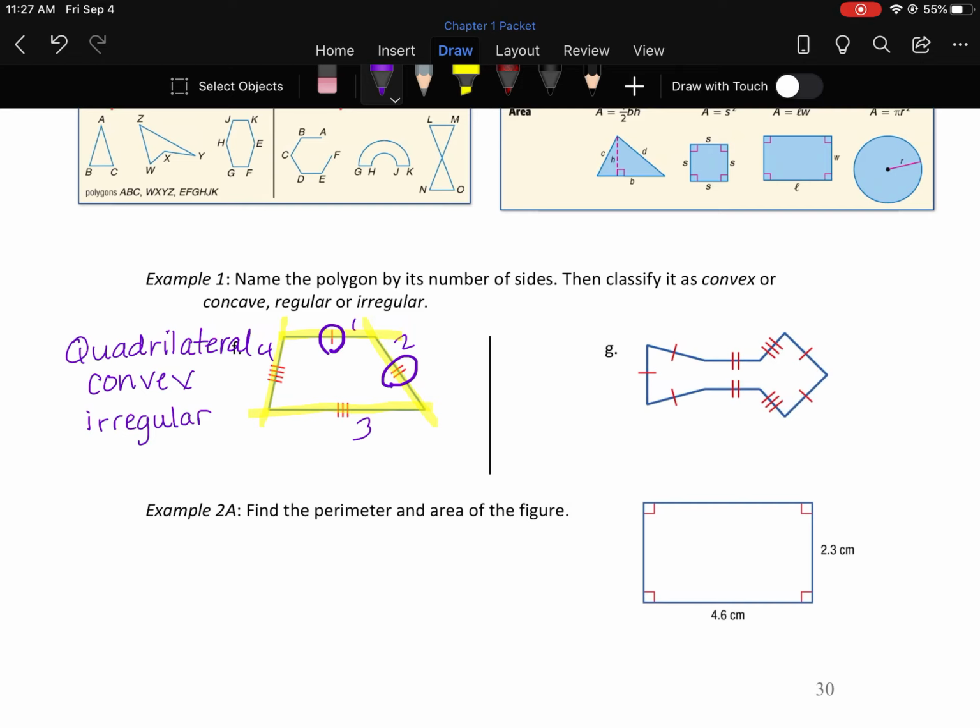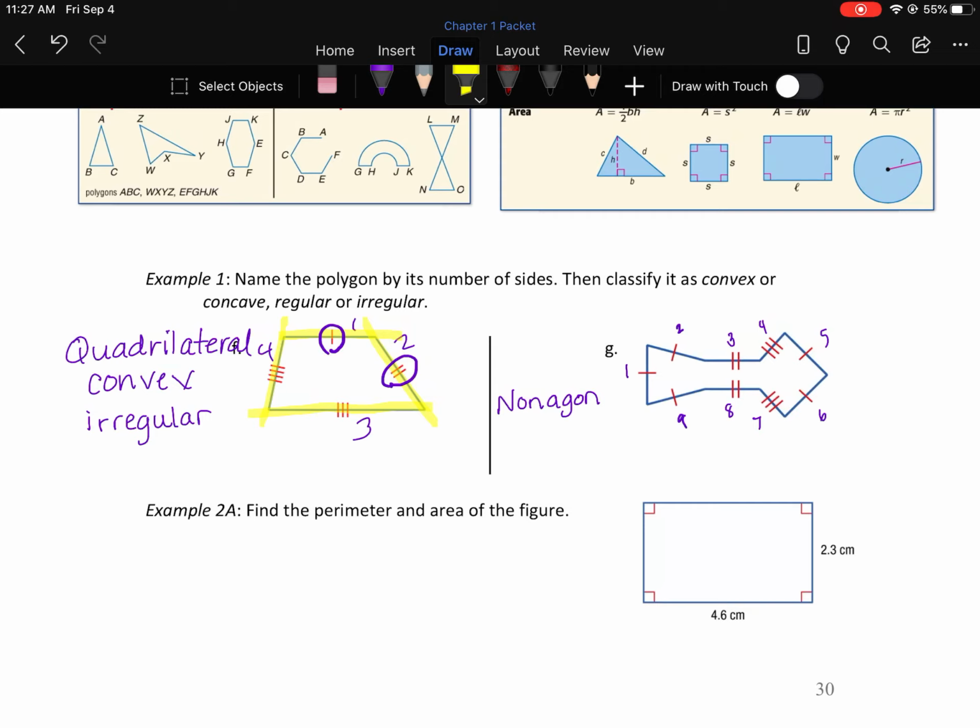All right, let's do the same for this next figure. I'm going to start here and I'm going to put 1, 2, 3, 4, 5, 6, 7, 8. This one has 9 sides. A nine-sided figure is called a nonagon. All right, now is it concave or convex?